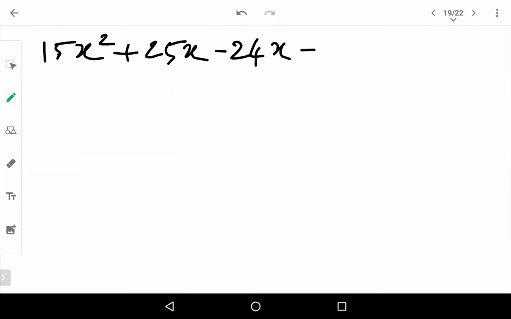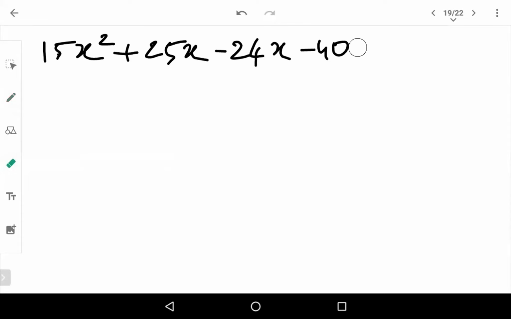Okay, now the next step is getting all the expression from RHS to LHS. So what all did we have? We had 15x square and then plus 25x minus 24x minus 40 is equal to the RHS.